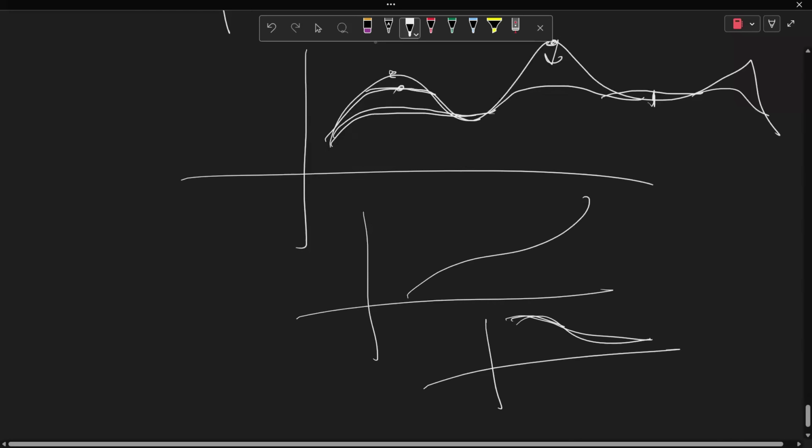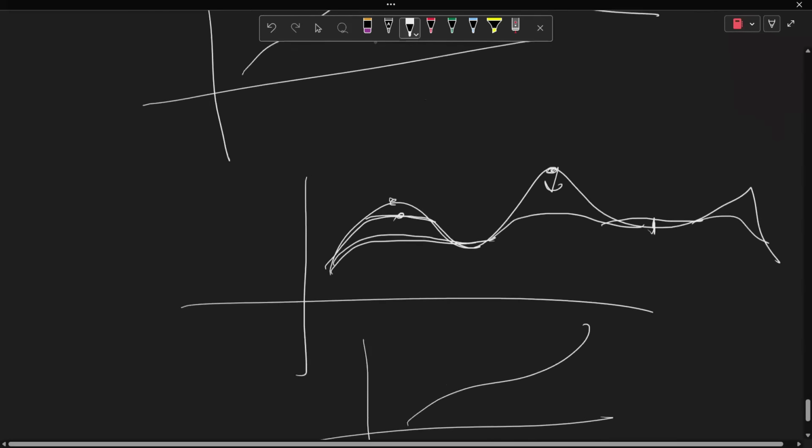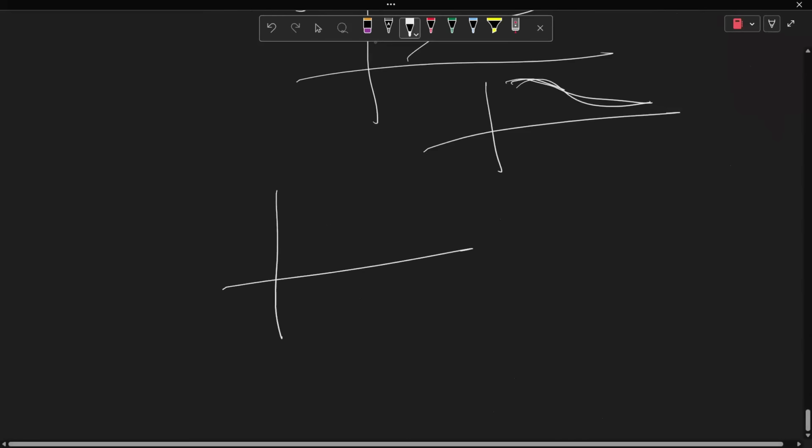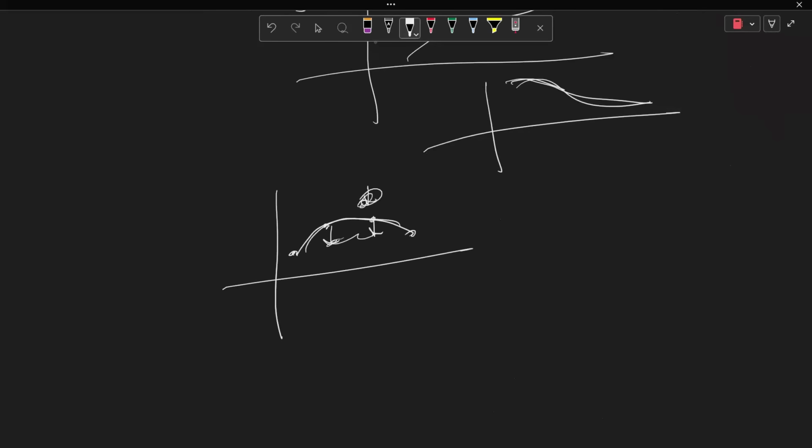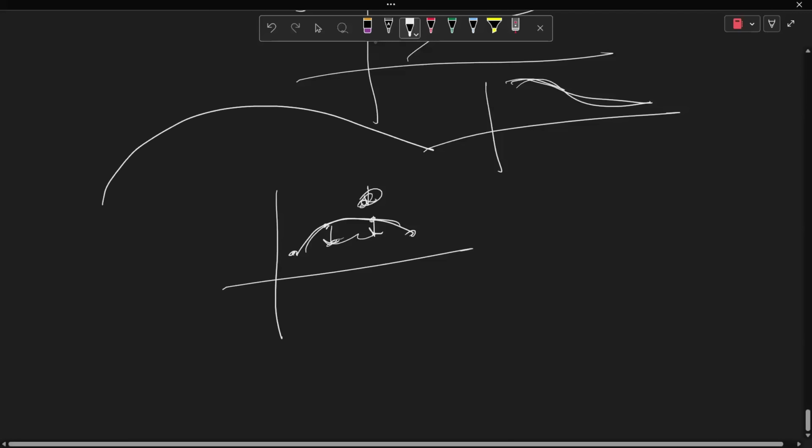Like in the above case, when you had 1, 2, 3, and then a 1, when you reduce this 3 to 2, there was no maxima point left. Once there is no maxima point, it would be increasing.